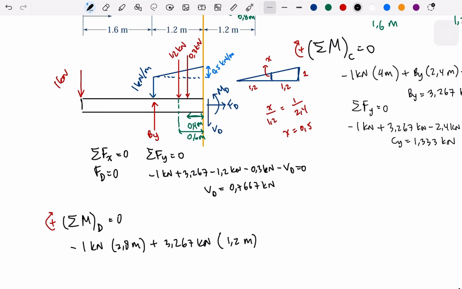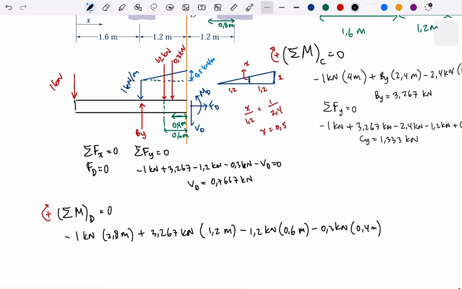And then minus 1.2 kilonewton times 0.6 meter, minus 0.3 kilonewton times 0.4 meter, and lastly, the moment at D, which is minus Md equals 0.